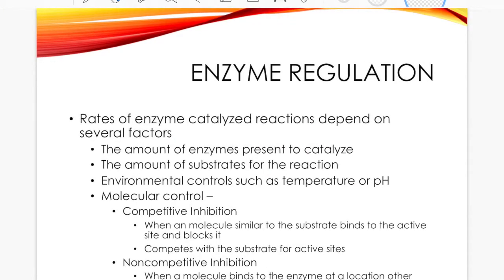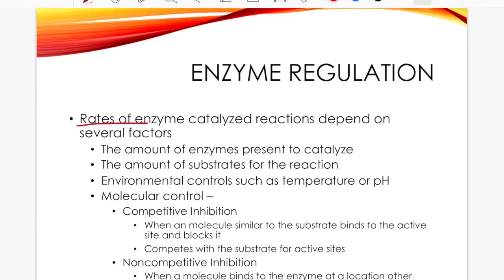When we talk about enzymes and enzyme activity, we have to talk about enzyme regulation. Living systems, cells, bodies, we have to be able to turn on enzyme activity. We have to be able to turn off enzyme activity. Sometimes it needs to be sped up. Sometimes it needs to be slowed down. So enzyme activity is regulated, and there are several different ways that enzymes are regulated.